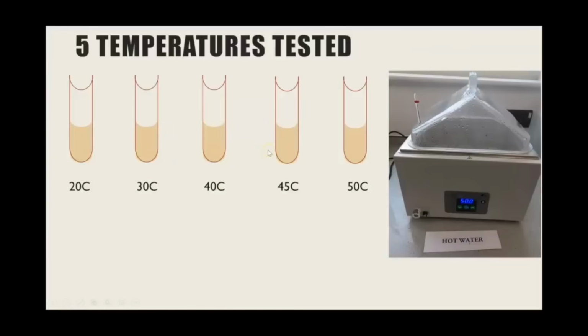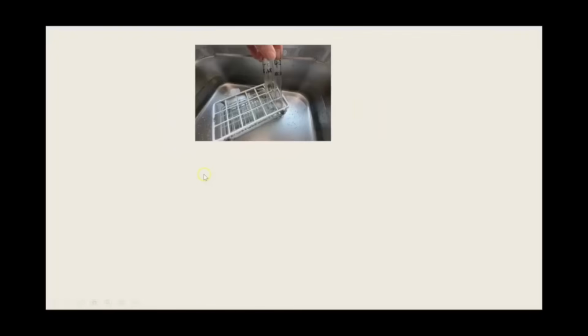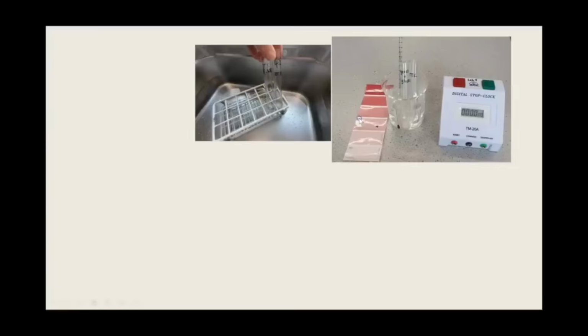Because if we're saying that we are testing the rate of reaction at 40 degrees C, let's say, we need to make sure that both of those solutions are at 40 degrees C before we start the reaction. So we'll leave them for a minimum of 5 minutes before we check to see if they have both equilibrated to the temperature of the water bath.